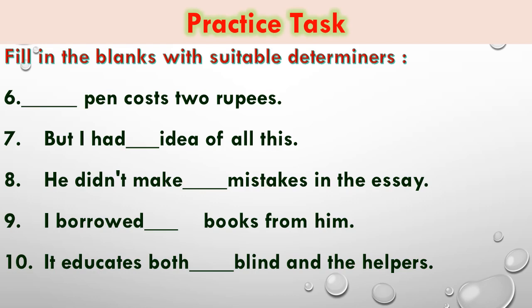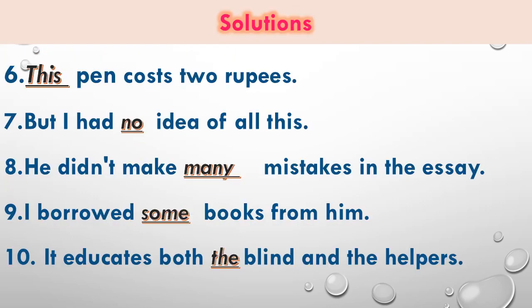Next is he didn't make dash mistakes in the essay. Ninth is I borrowed dash books from him. 10th one is it educates both dash blind and the helpers. Okay students, good. Now I hope you have written the answers along with them. Let's take the solutions.